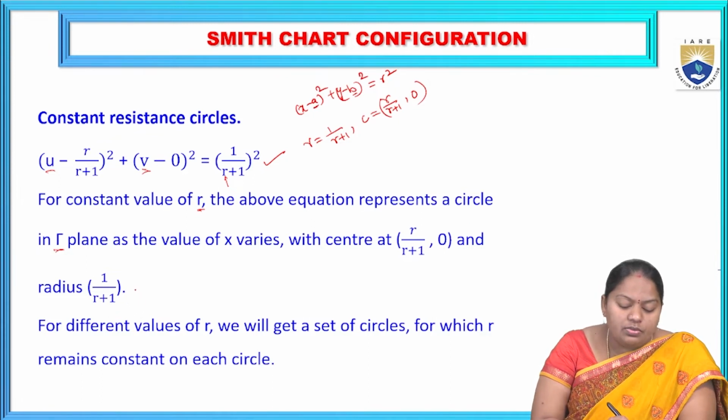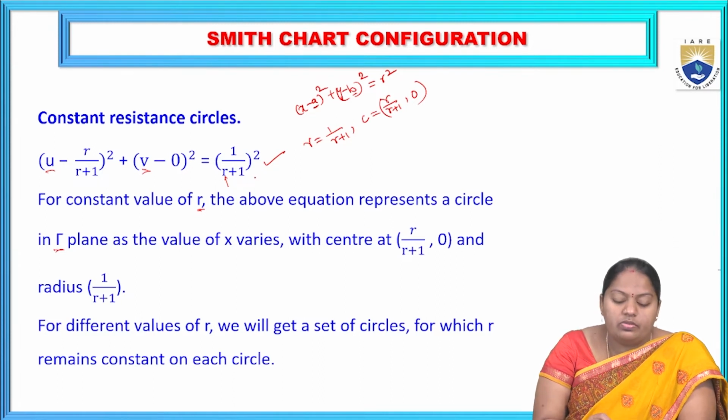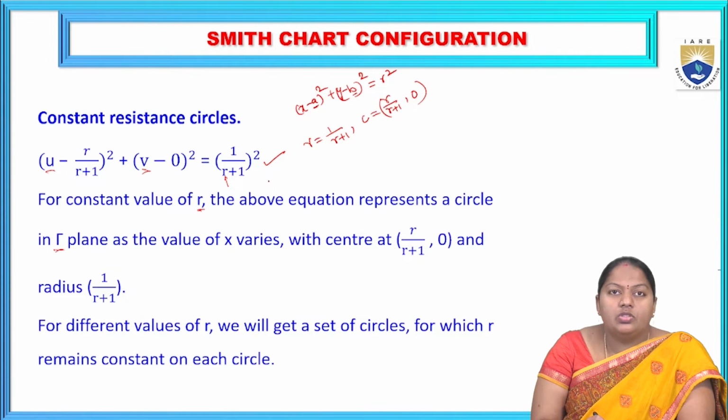For different values of r, depending on how the value is increased or decreased, we are going to draw constant resistance circles from the center and the radius. To find the center and radius, we take (u minus r by r plus 1) whole square plus (v minus 0) whole square equal to (1 by r plus 1) whole square as the fundamental equation for constant resistance circles. For different values of r we get a set of circles. If you substitute r as 0, we get the center and the radius, and depending upon these we draw different constant resistance circles.